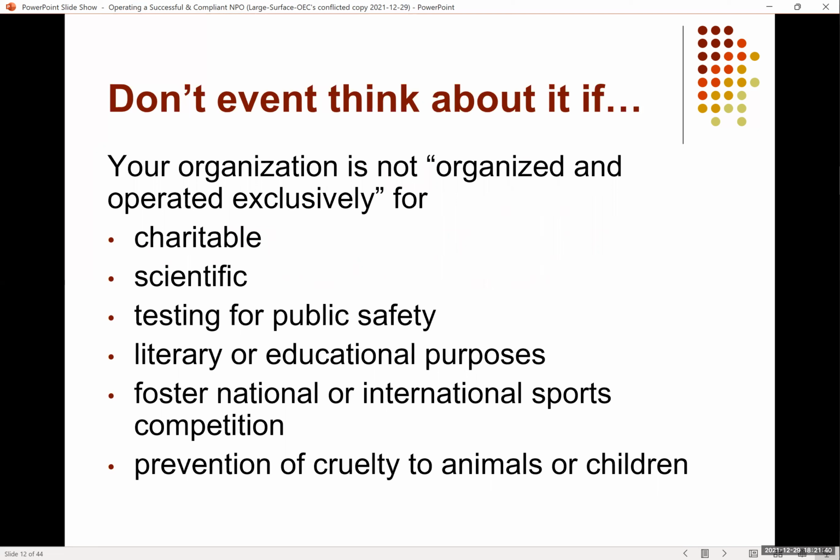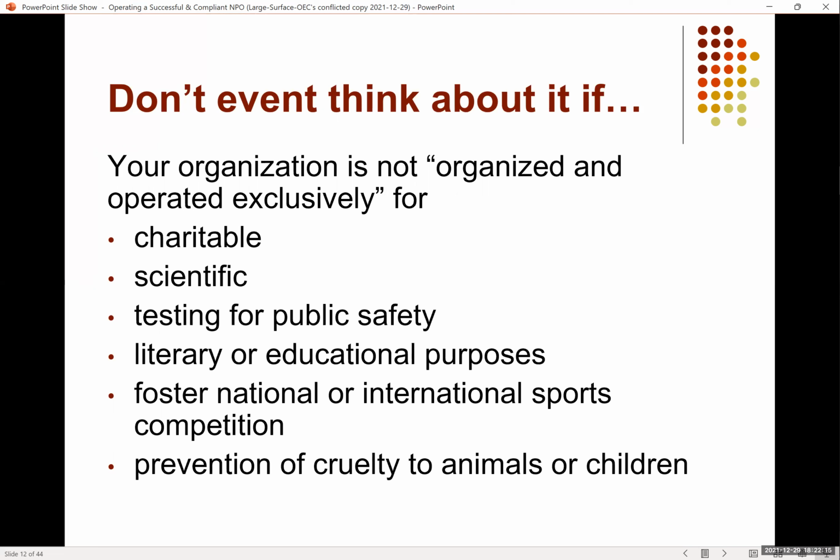And then here's the rules to be considered a charitable organization, a 501(c)(3) organization. Notice it's C3; there's a C4, C5, C6. But to be a 501(c)(3) charitable public organization, you have to be organized and operated for charitable, scientific, testing for public safety, literary or educational purposes, sports, and prevention of cruelty to animals or children.